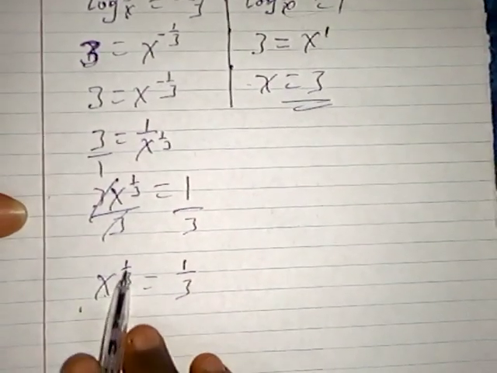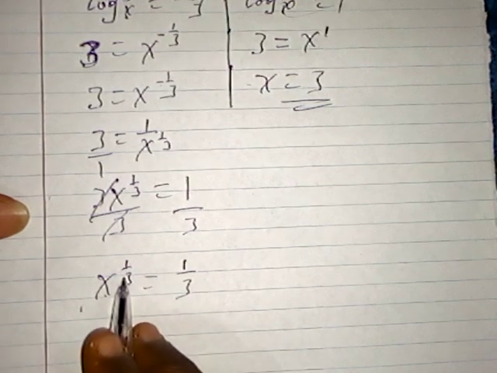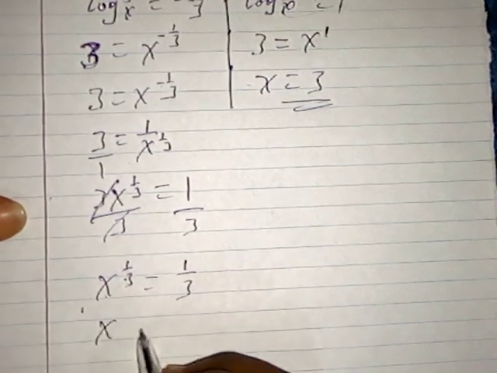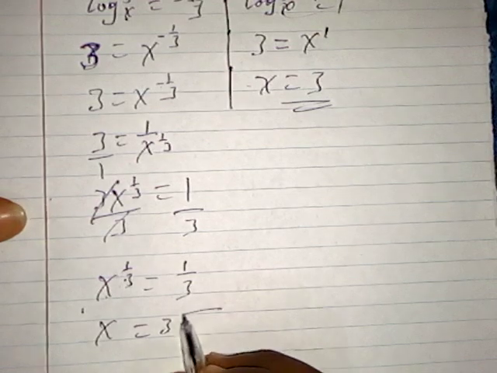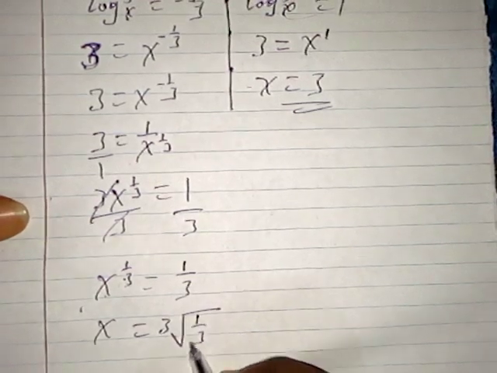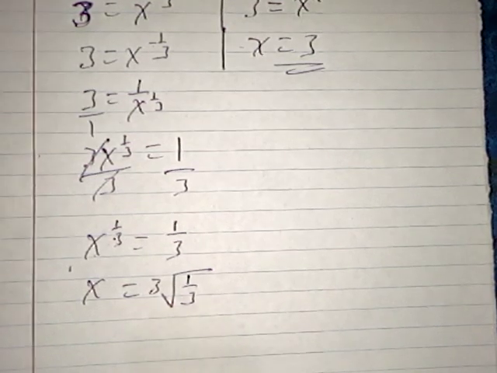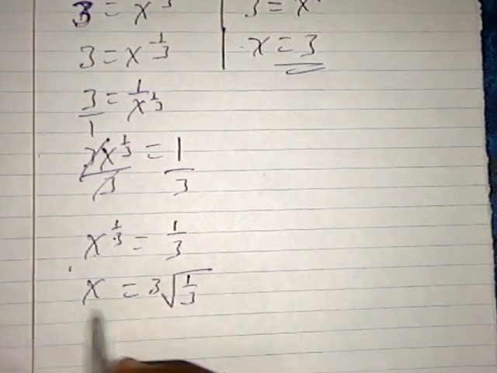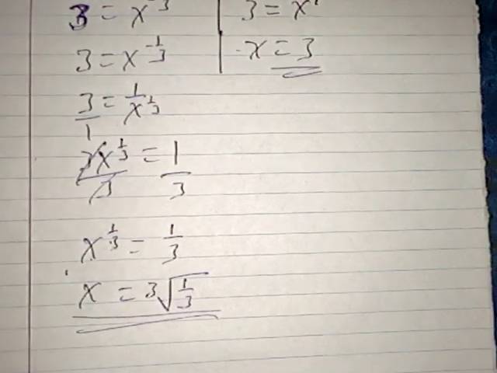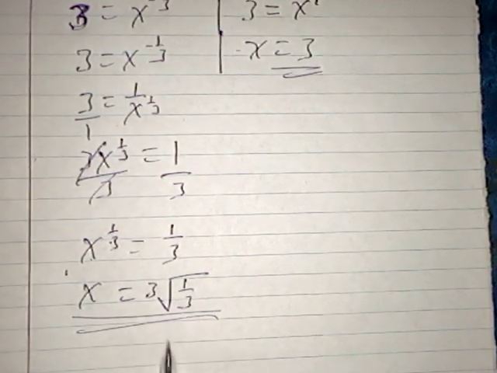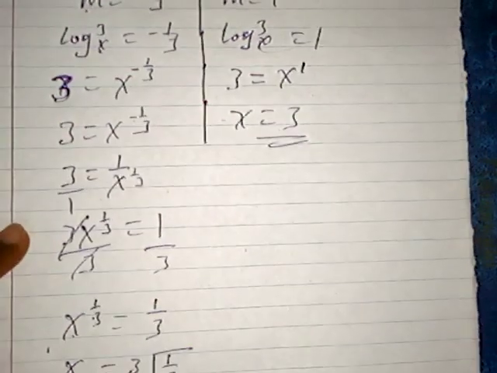We remove this power 1/3 by taking the cube root of 1/3. So you can use now your calculator. So this is the value of the other x. The value of x is the cube root of 1/3, and x equals 3.